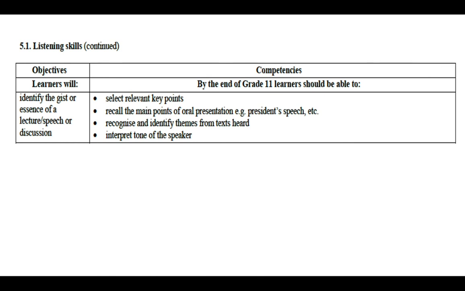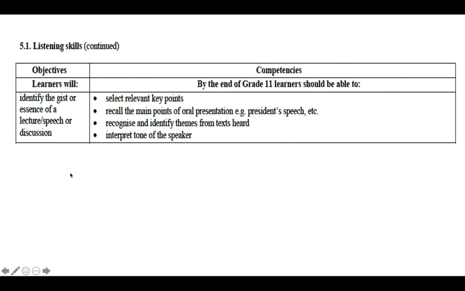When I read this, I remember the examples of tasks that I provided in previous slides under this topic. I think in the previous lesson, in part 2, you can get ideas from there. And then interpret tone of the speaker. So these are the competencies that they should be able to do, to show that this objective has been attained.